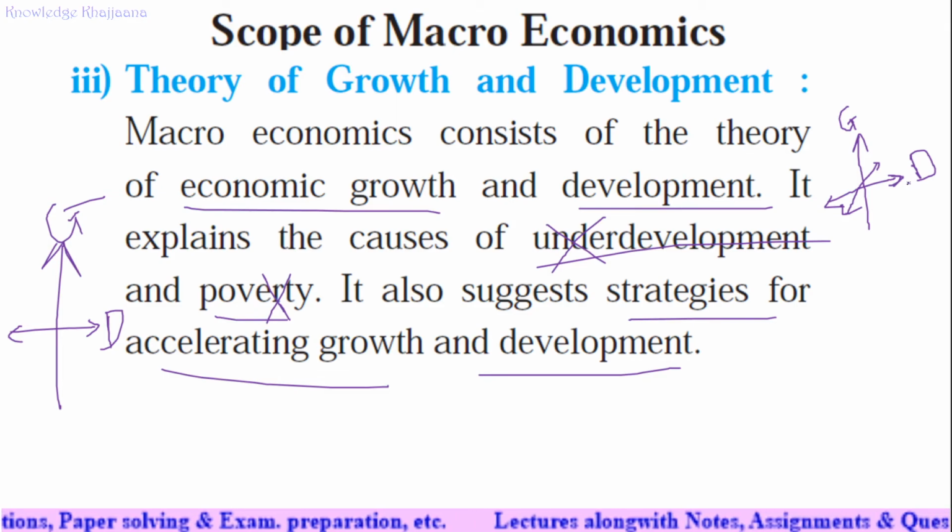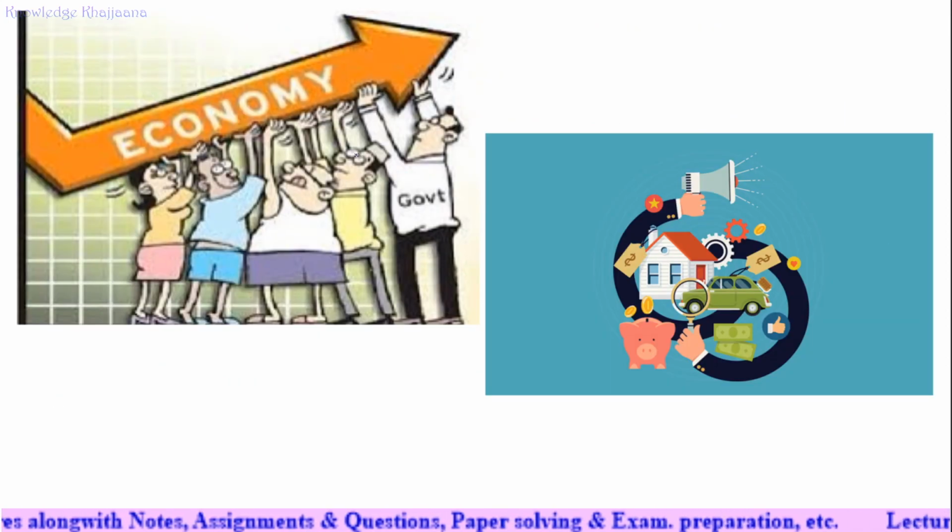When we achieve the growth of the country, when they accelerate the growth and development, when poverty is removed and everybody gets employment, the economy gets developed. This is the example of development.